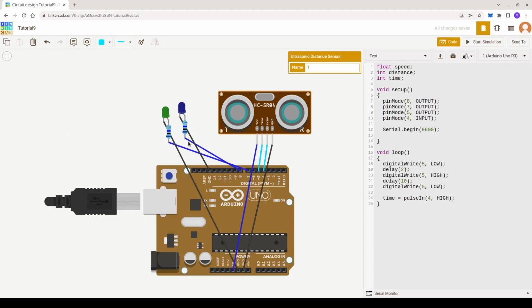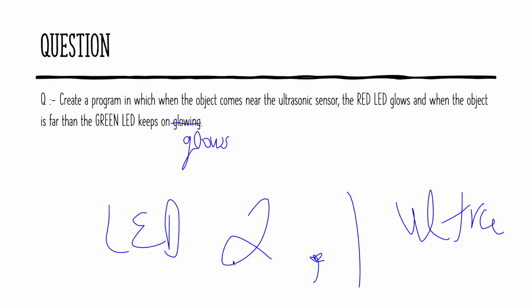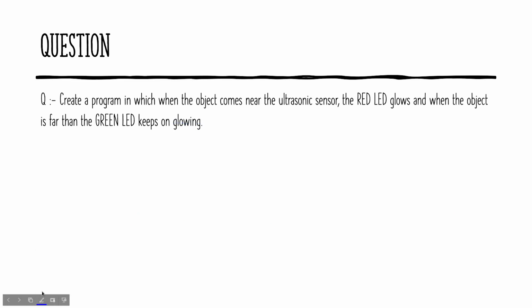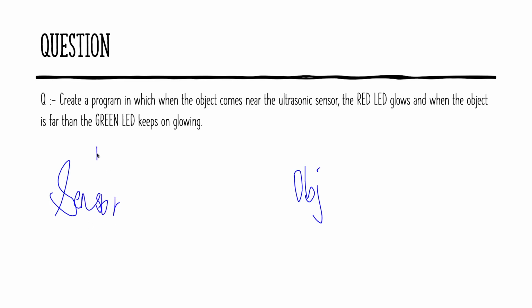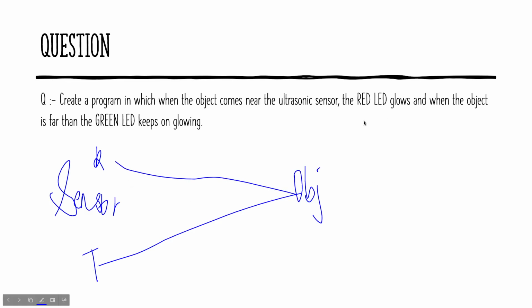Now I am just showing a visual thing, guys. I will clear all the ink, and now I'm going to show one thing. Let's say this is the object, this is the receiver, and this is the transmitter. Let's say this went. Now this will contain the time of both the going and the coming.